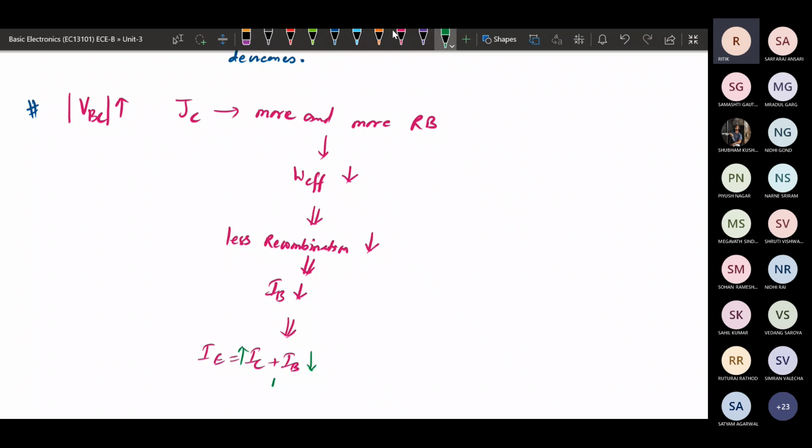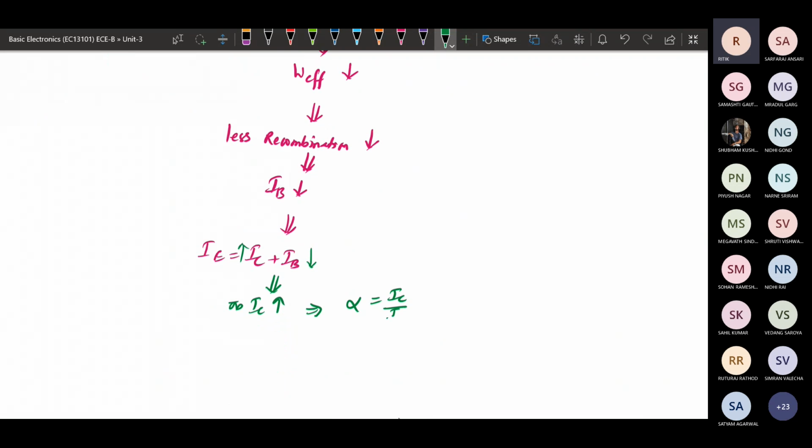So if IC is going to increase, we can see alpha is equal to IC divided by IE. As IC is going to increase, alpha will be increasing.